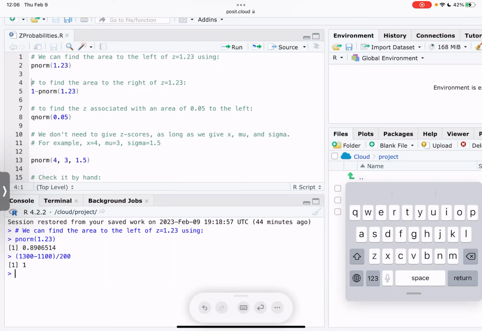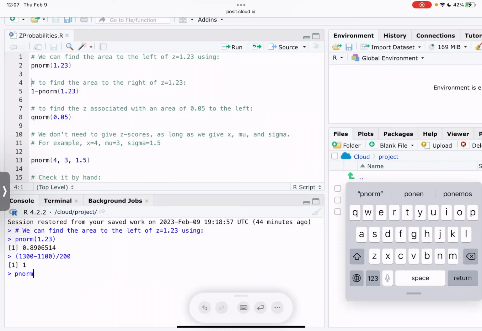Anyways, that's okay. Now you can build out from here. You can store that in something called Z and then use that value, or we can do it just in the console if you want to. The problem is when you write just in the console, it disappears later when you close it.